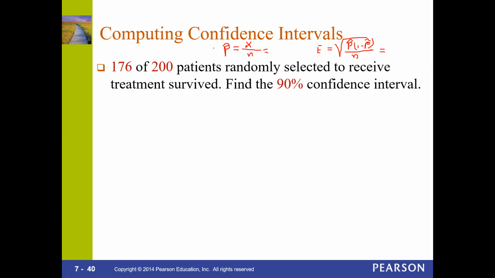Okay, so thank you, Marilu. So that's going to give you 0.88. That is 0.88, thank you. So your X, like we said earlier, will be this one, and this is your N, just like we said earlier in the previous example, okay?